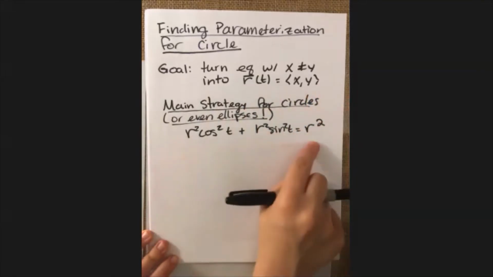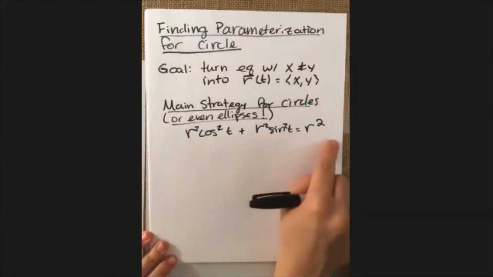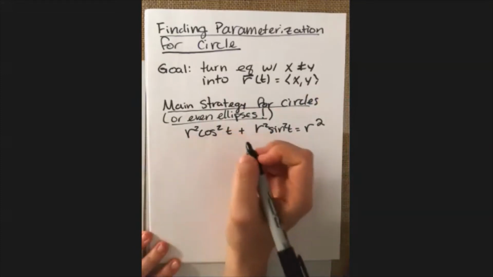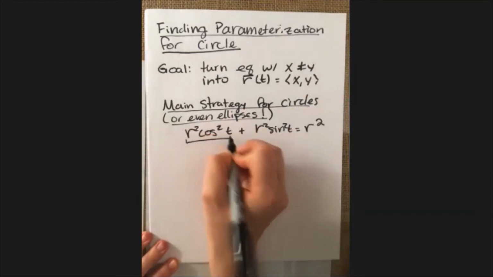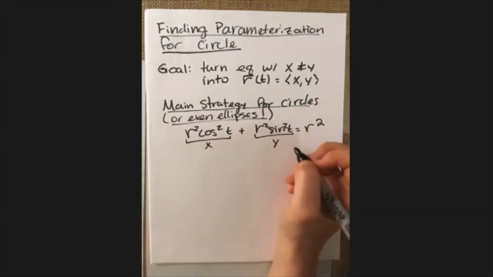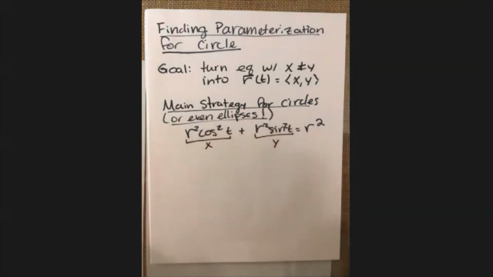So this comes just from the identity that cosine squared plus sine squared is equal to 1, and then we've multiplied r squared all the way through that. We can think about this one right here corresponding to our x component and this one right here corresponding to our y component, and we'll work through some specific examples that show how those wind up being related.